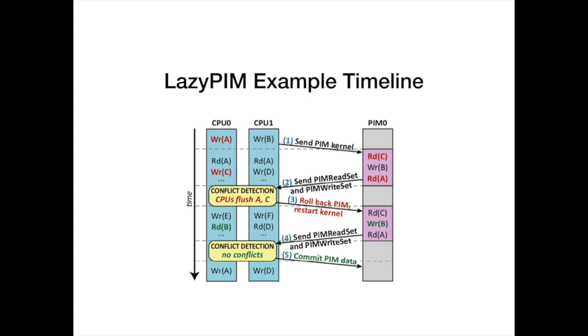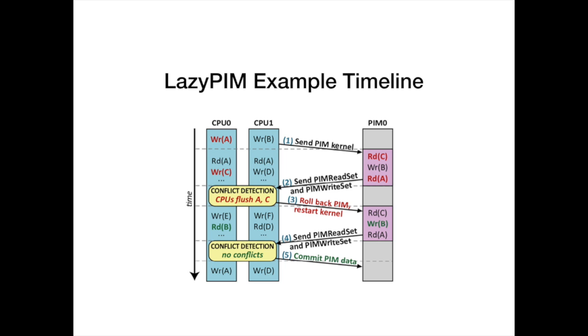To detect such a conflict, it records the addresses of the processor writes and the PIM kernel reads into two different signatures, and then checks to see if there are any matches between the two, which would indicate a conflict. If the PIM kernel writes to a cache line that is later read by the processor before the kernel finishes, this is not a conflict.